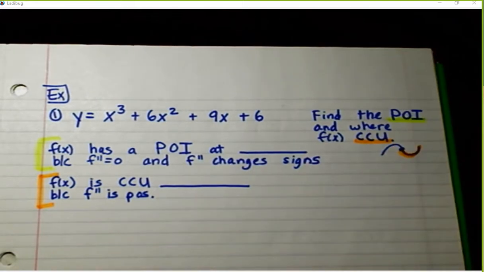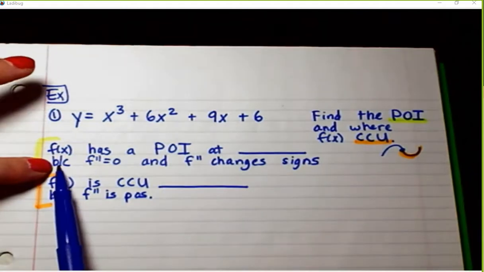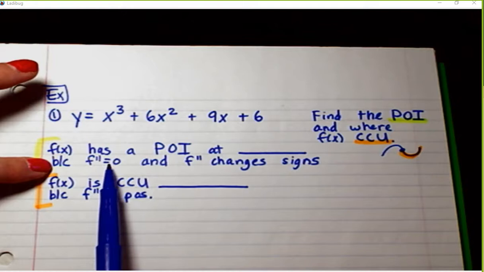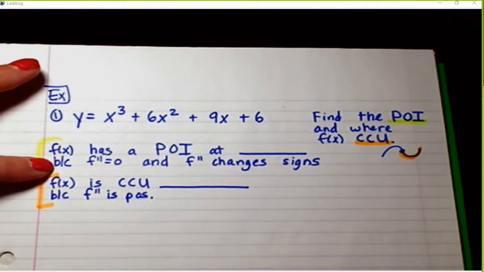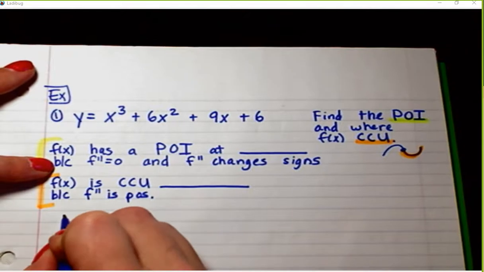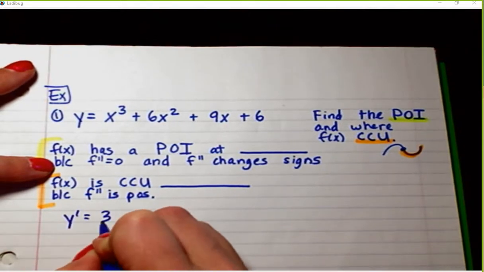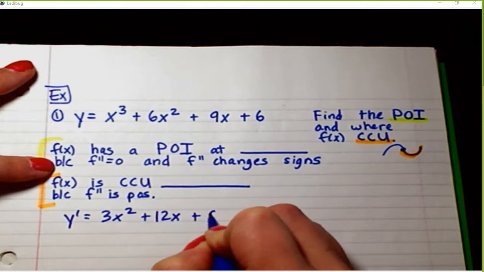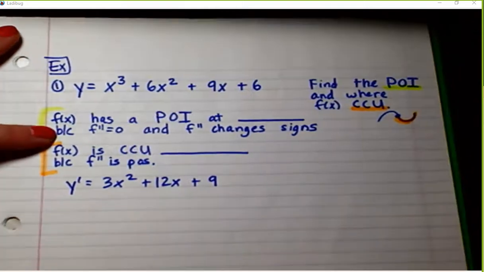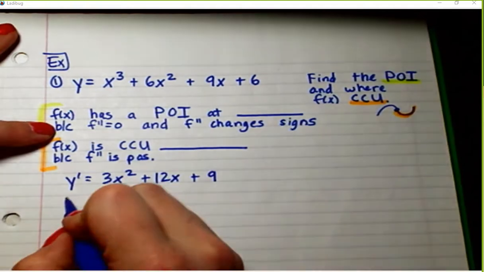Okay, so I look at it, and I'm just going to look at my sentence. Because double prime is 0. Okay, so that tells me I need to find where double prime is 0. So that's the first thing I'm going to do. Y prime. Not going to stop at prime. I'm going to go to double prime.